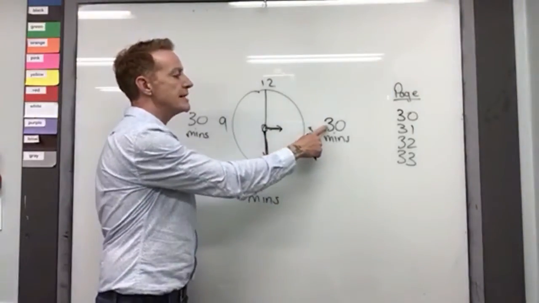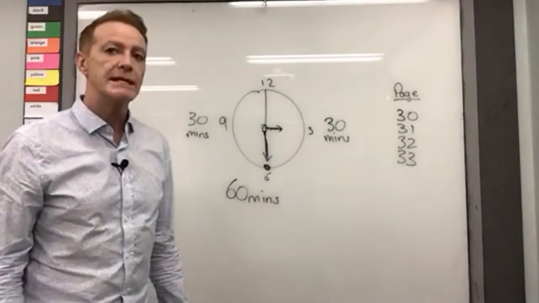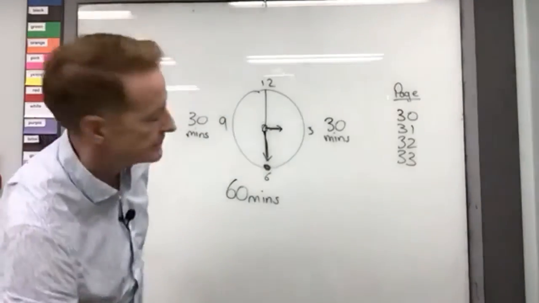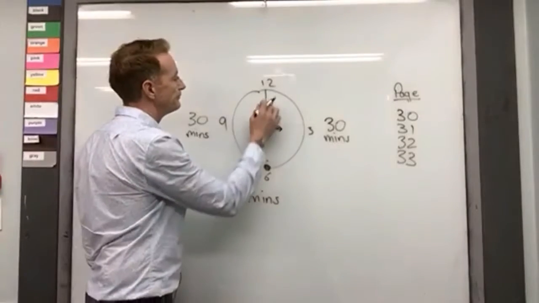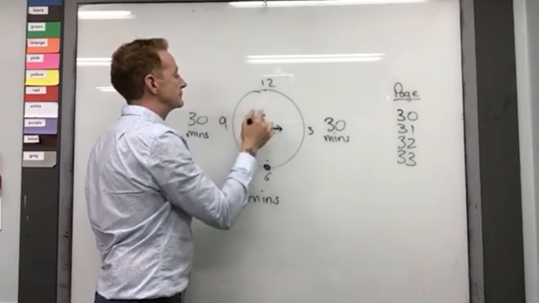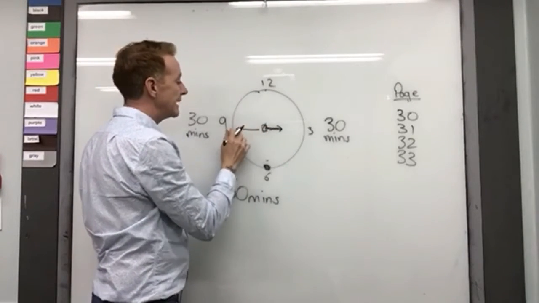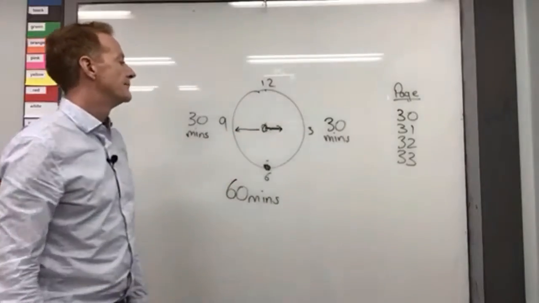Or you can say 3:30. All right, what if the big hand is here? The little hand is still there.